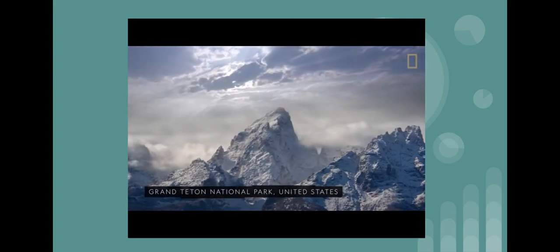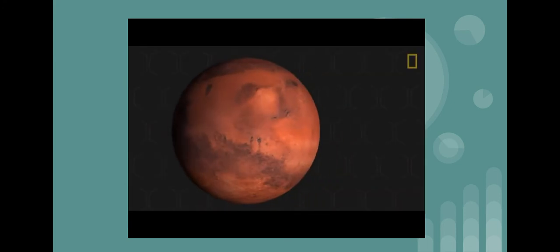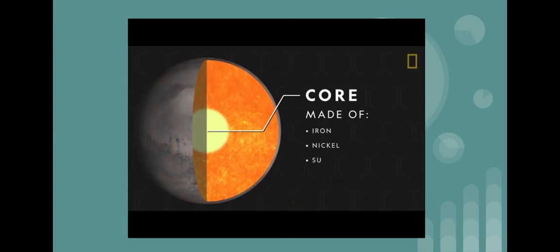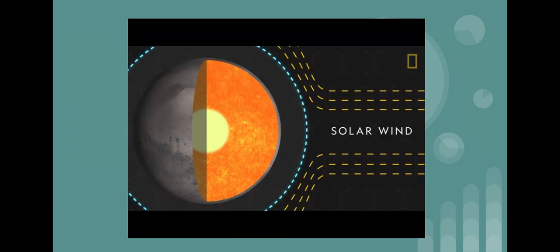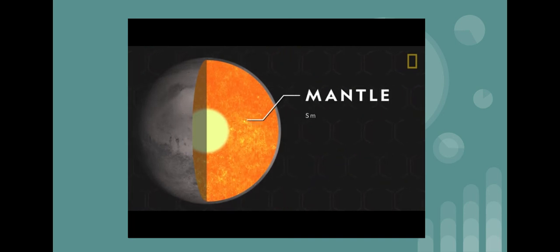Much like its terrestrial cousin, Mars is dense and has a rocky composition. At the center of the planet is a core made of iron, nickel, and sulfur, which may have created a protective magnetic field during Mars's earlier years. Enveloping the core is a rocky mantle made of silicate minerals and a crust rich in iron.